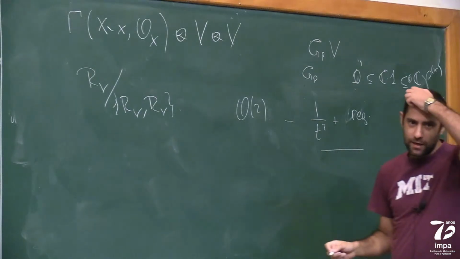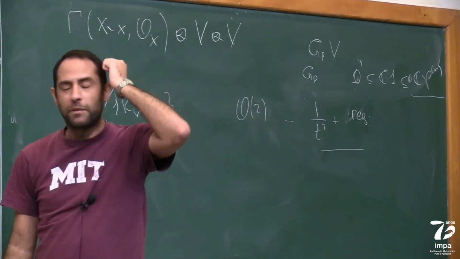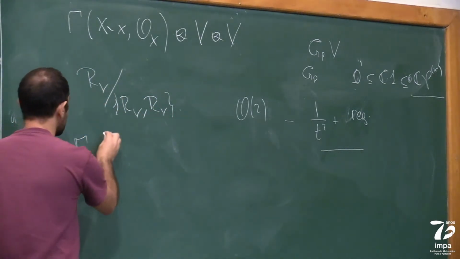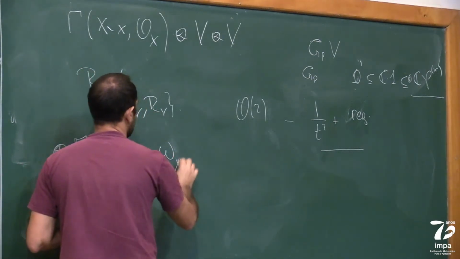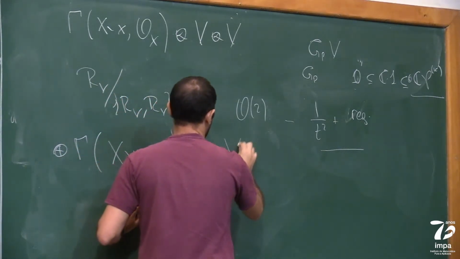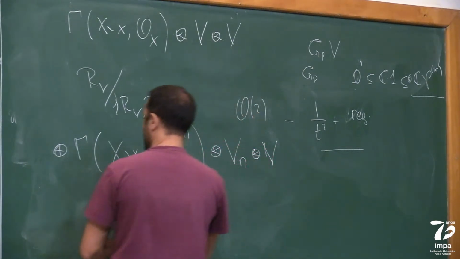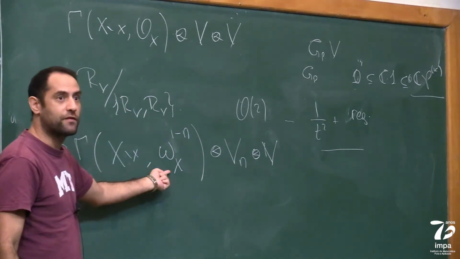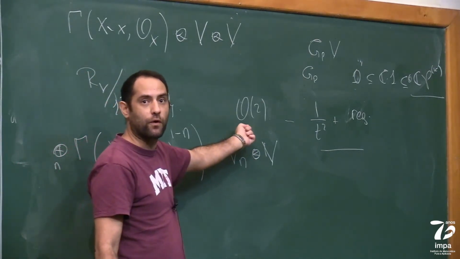One would guess that this should work also for arbitrary genus, but the problem is that in arbitrary genus, the way we're defining this is by sections on X minus a point of omega_X^(1-n) tensor V_n tensor V, and then you need to sum over n like this. And this guy is of negative degree, so you're not going to find sections of this form.